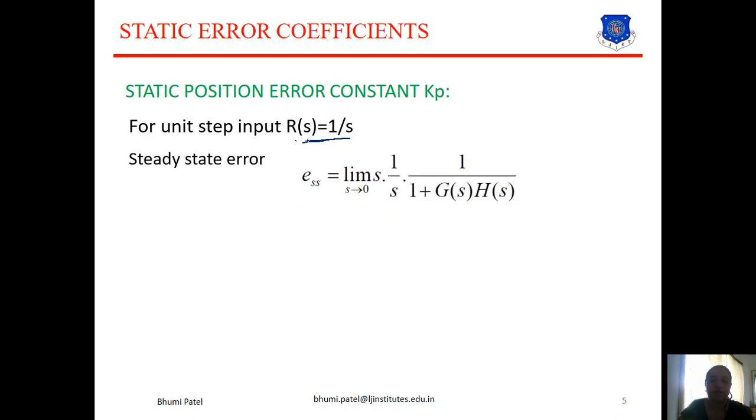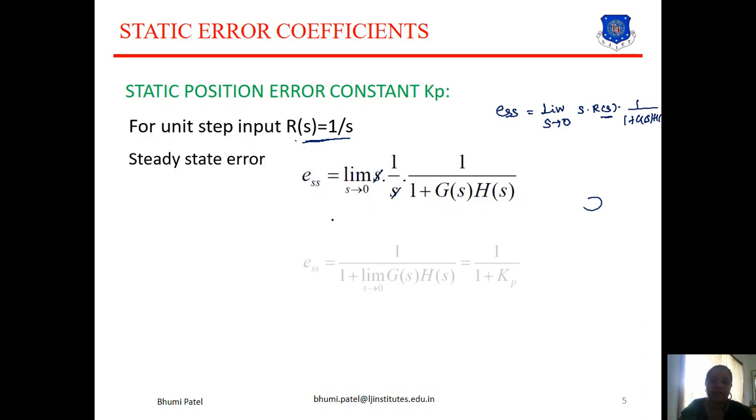So the steady state error ESS is equal to limit s tends to 0, s into R of s into 1 upon 1 plus G of s H of s. We can put R of s is equal to 1 by s, and we get this type of equation.